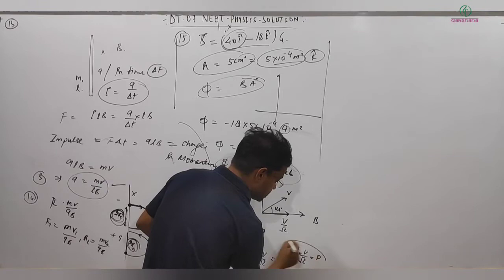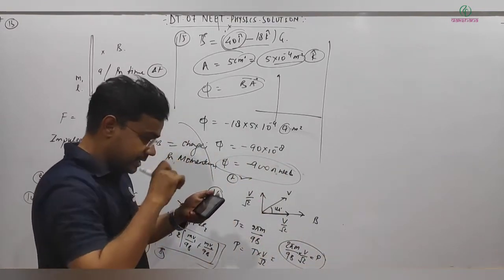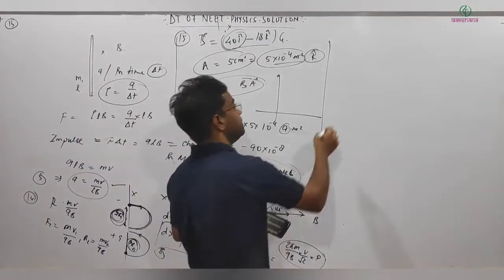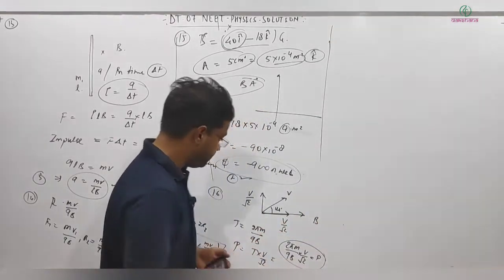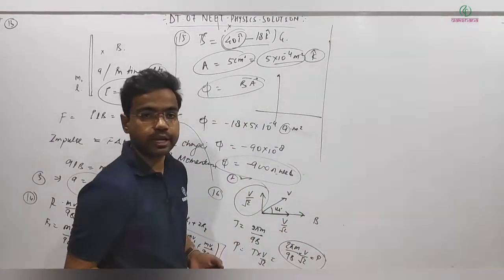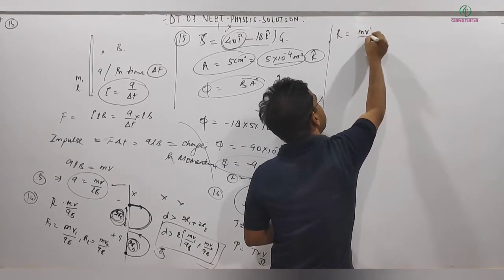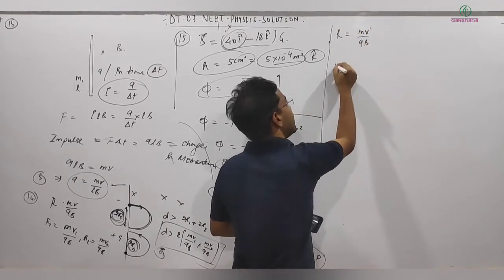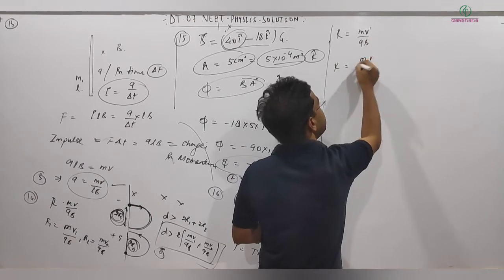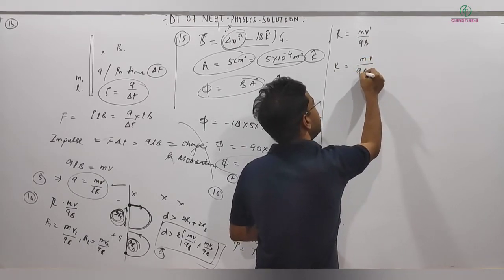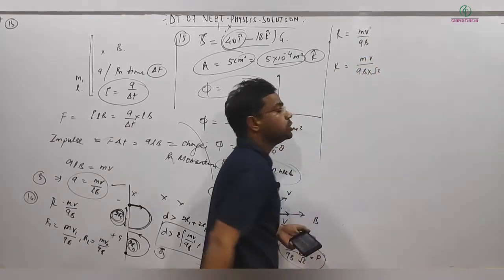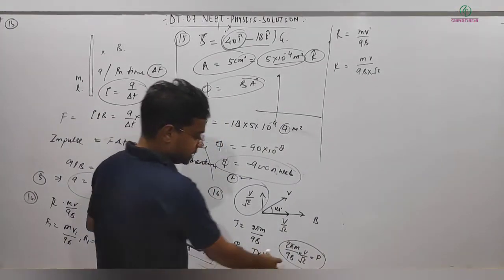This is pitch. Now the radius of the helical path will be because of only the other component, and we know r is given by mv by qB. So substituting, r is equal to m v by qB multiplied by root 2. So this is r, and pitch is this.